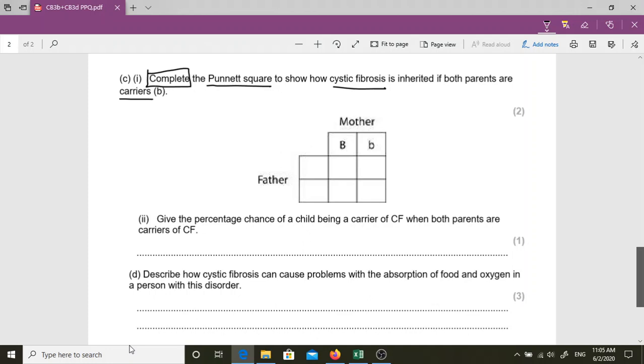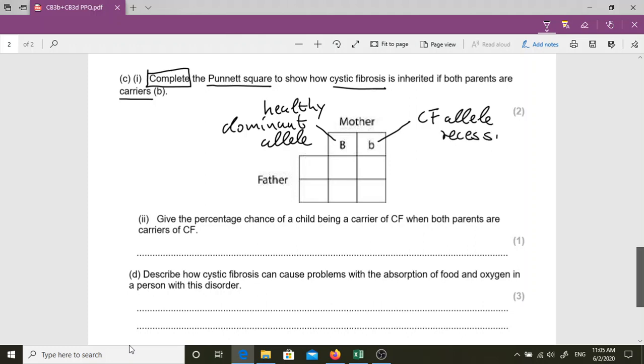That means, like we see with the mother here, they have one healthy dominant allele, and the mother, because she's a carrier, also has one cystic fibrosis allele, and this allele is recessive.